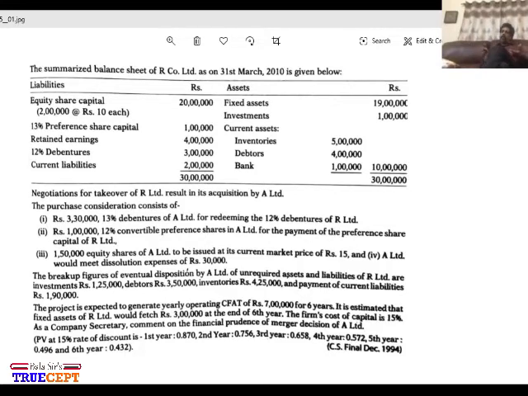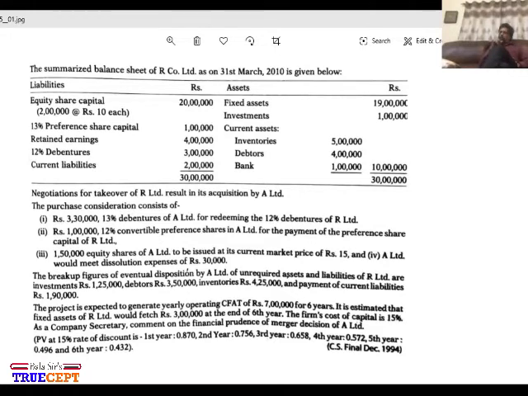In case you get a negative net present value, then you can advise A Limited not to buy R Limited. Right? That is the layout of the solution. Now let me get deeper into determining the cost of acquisition.